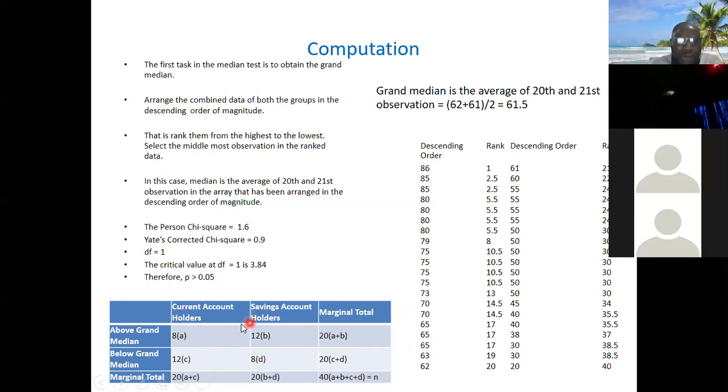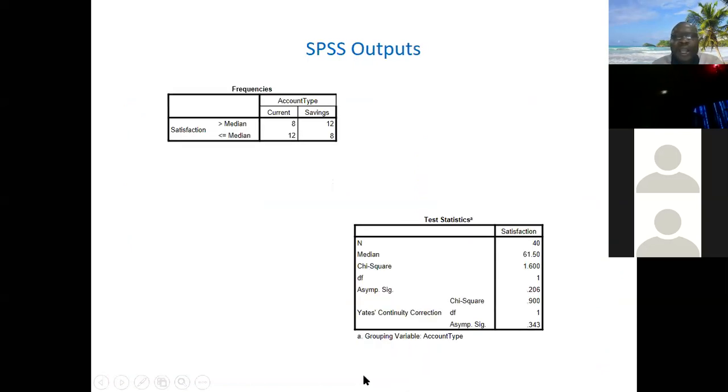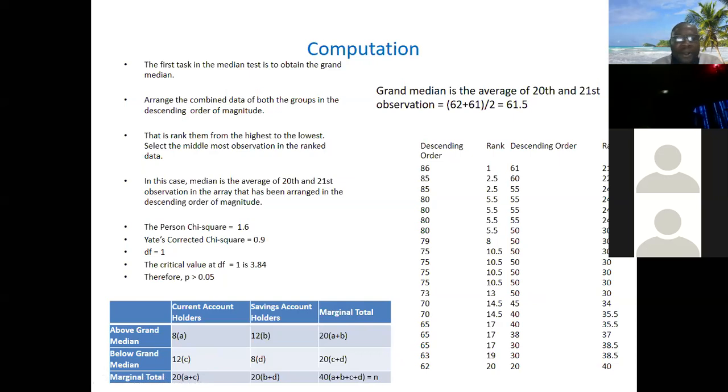So look at it now. If we run it, we will calculate the chi-square. The Pearson chi-square for this table is 1.6, and the corrected chi-square is 0.9. And you know the degree of freedom is 1, can you see?